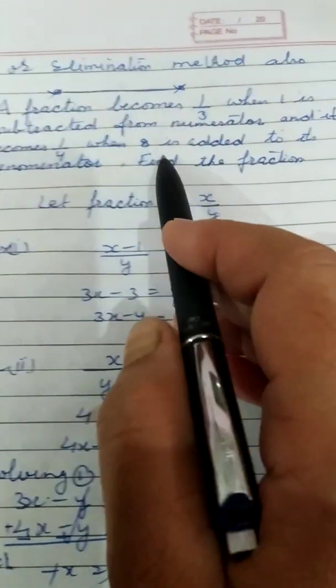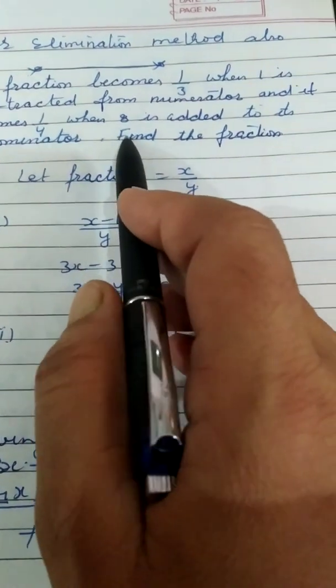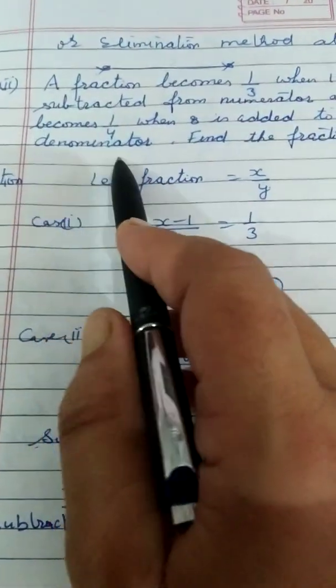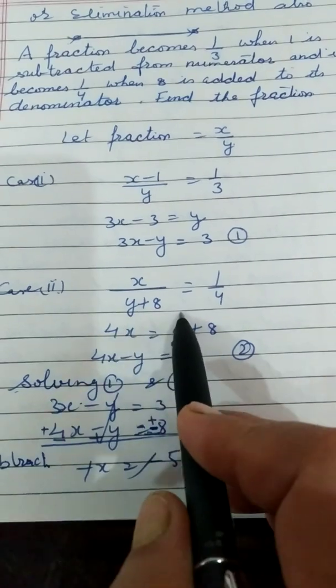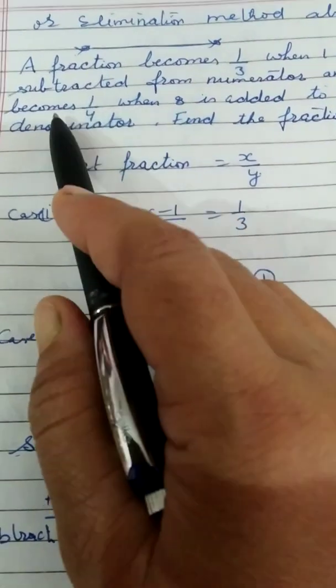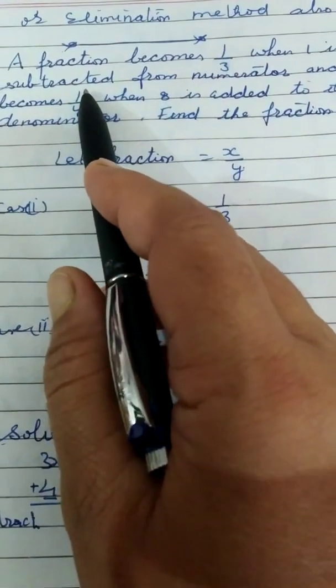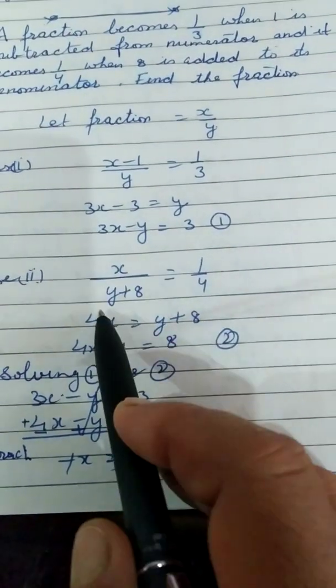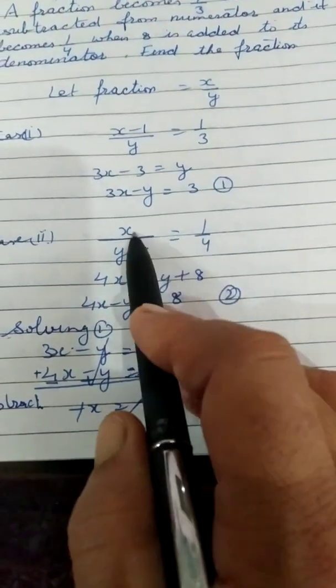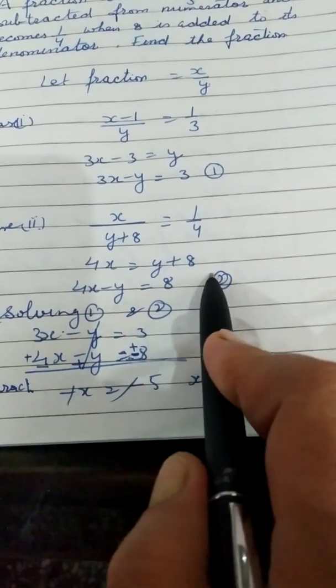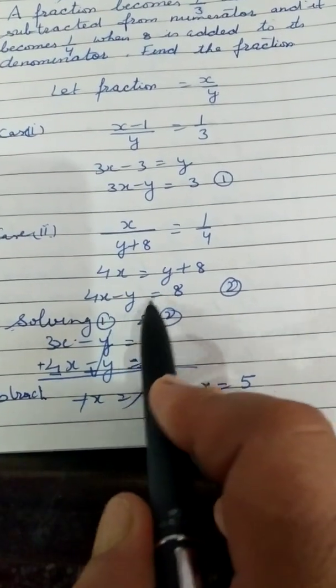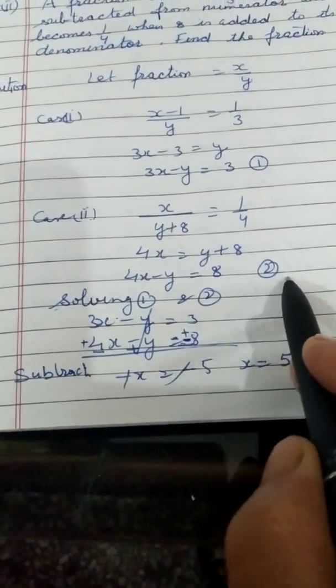How we got this case? Because it is when 8 is added to its denominator, means x upon y plus 8, we get the fraction equal to 1 by 4. X upon y plus 8 is equal to 1 by 4. Again cross multiply, 4x is equal to y plus 8. 4x minus y is equal to 8. This is the second equation.